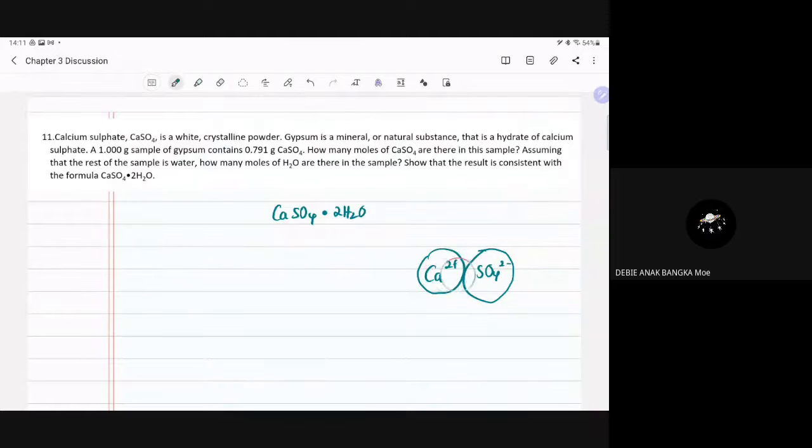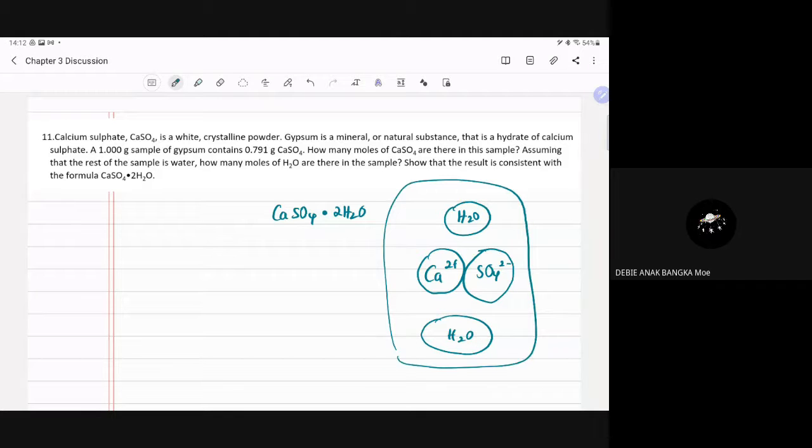Okay, so ini adalah salt itu. So apa yang berlaku adalah kita ada H2O, satu H2O. Dan sini semua ada terikat dalam bentuk satu unit. So this is one whole unit. So itu maksud titik itu. Dia dekat dalam satu compound ya.